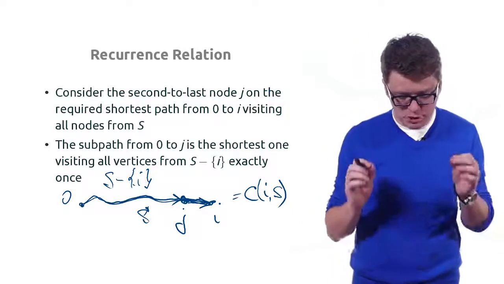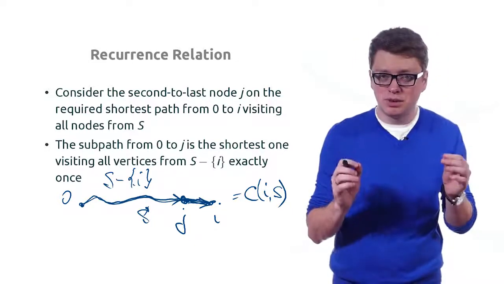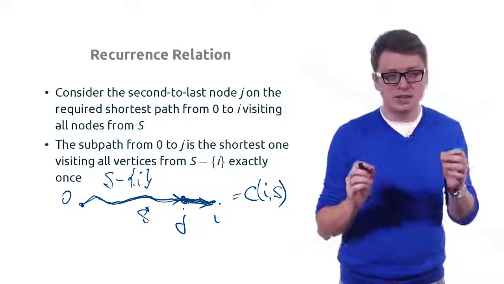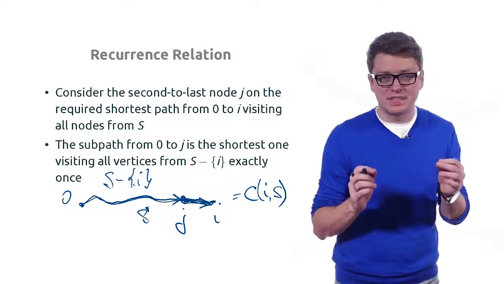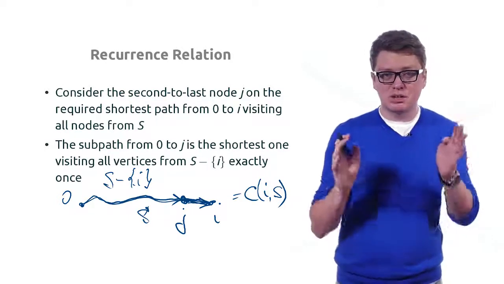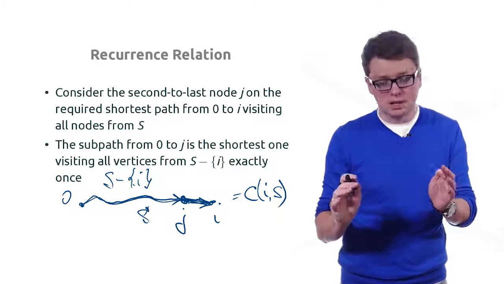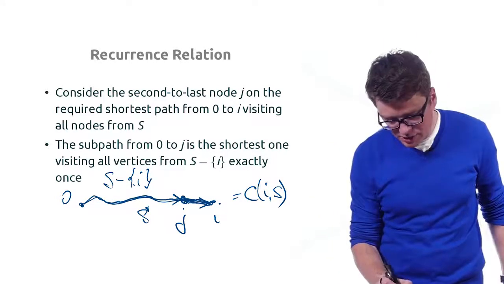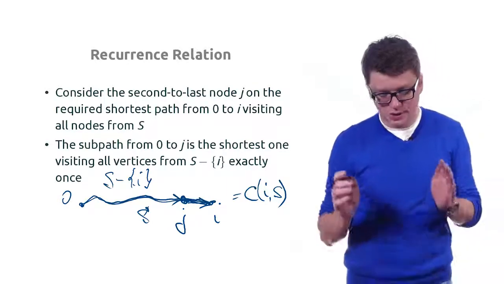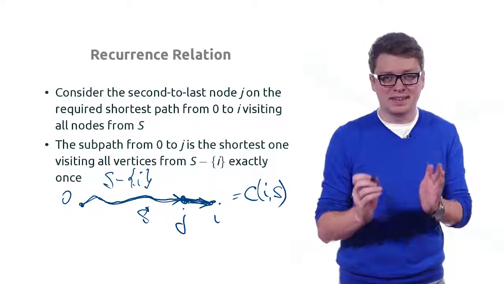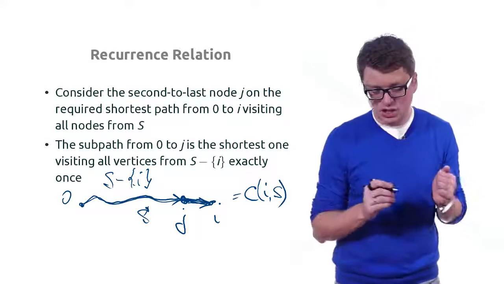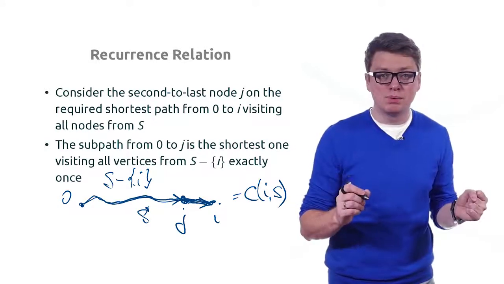Right? So it must be a shortest path starting from 0 and ending at j and visiting all nodes of S minus {i}. This is just because our initial path was optimal, right? Because if there was some other shorter path that visits all the nodes from S minus {i} and ends in j, then the initial path would not be optimal.